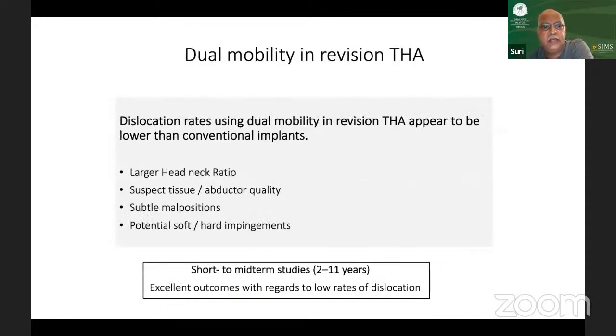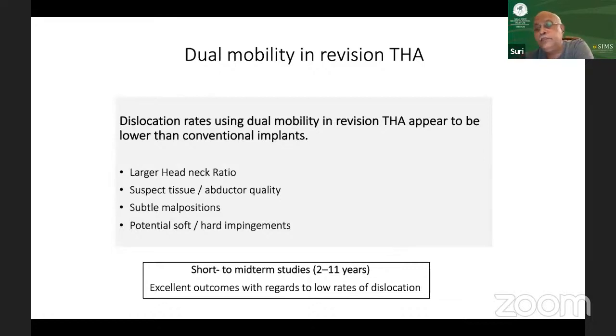In revisions, like I said, it is potentially a great advantage, with the large head-neck ratio. A lot of times the abductor tissue and rotators are suspect because they are partially scarred, partially shredded and more fibrotic, which cannot support like your conventional muscles. Subtle malpositions are inevitable. All of us are human. We will make some mistakes. We will not be exactly spot on. So I think this will probably help us overcome this, but make all attempts to get your position as correct as possible.